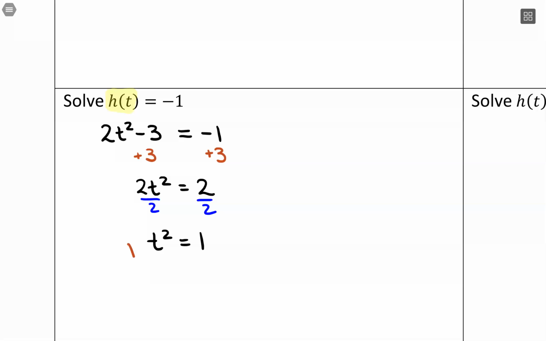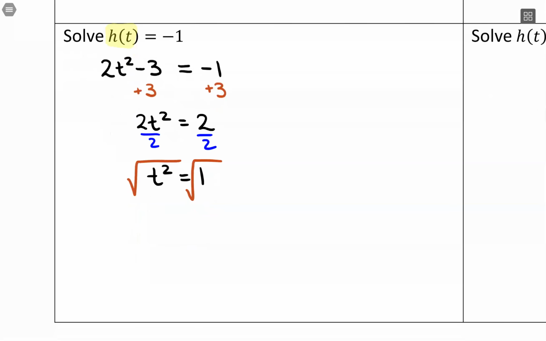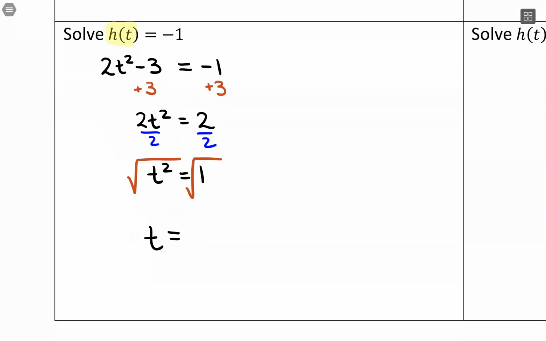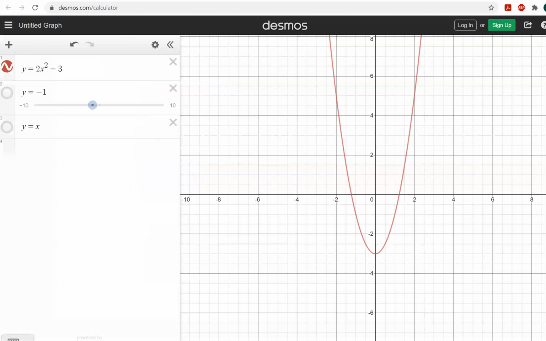And then I'm going to take the square root of both sides. And when we do this, we need our plus or minus. And then square root of 1 is 1. We need that plus or minus because there are 2 solutions to this. And to show that, we could look at the graph. So here in red is the graph of our quadratic function, the 2x squared minus 3.